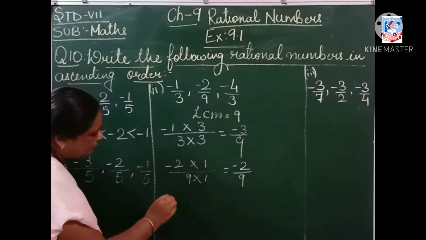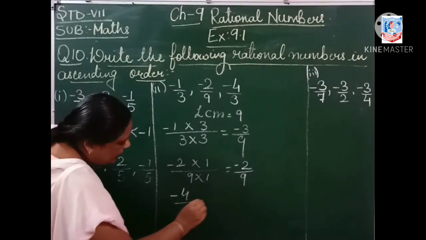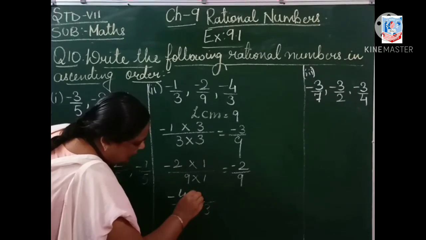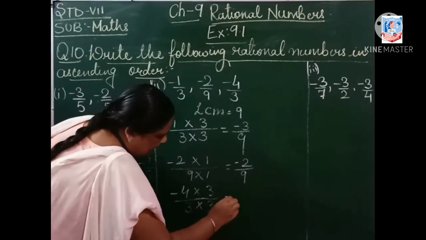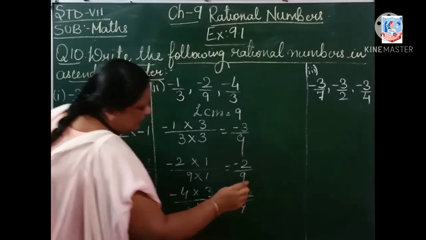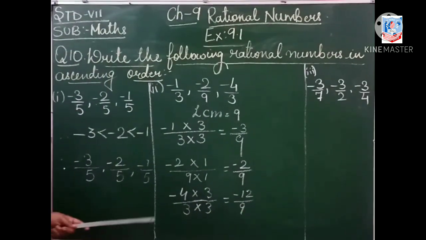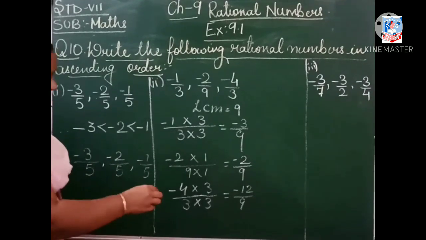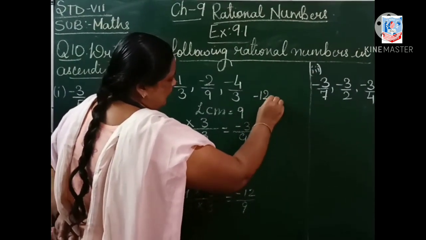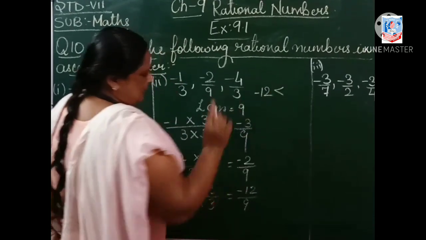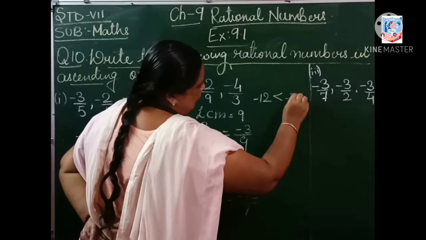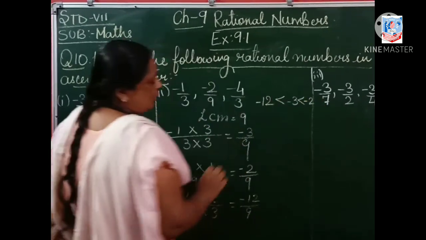Next, minus 4 by 3 into 3. 3 3s are 9, 4 3s are 12 and minus. Now, you already know, minus 12 is smaller than minus 3 and minus 3 is smaller than minus 2.